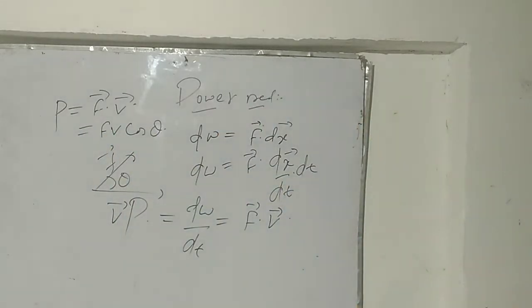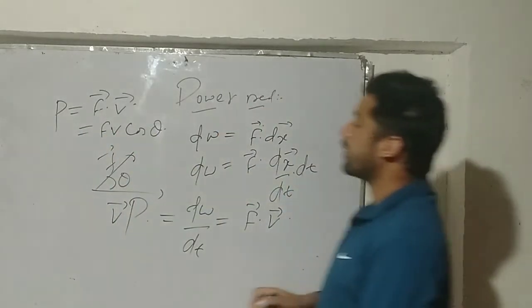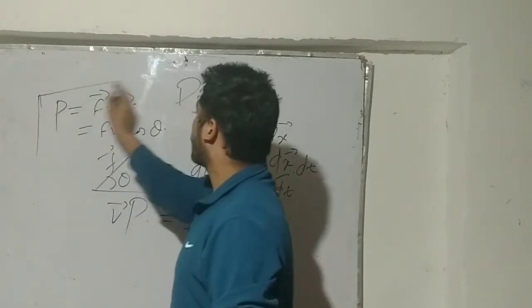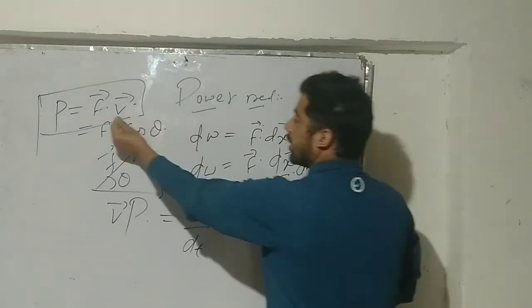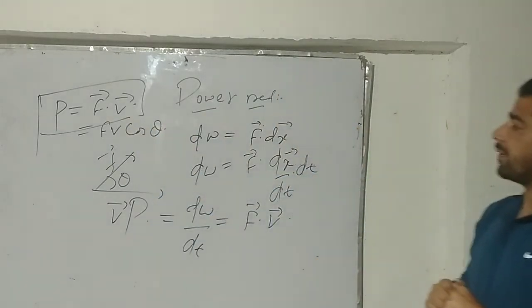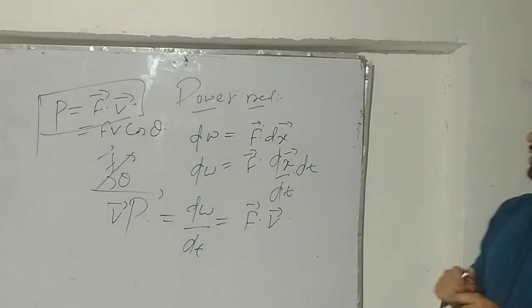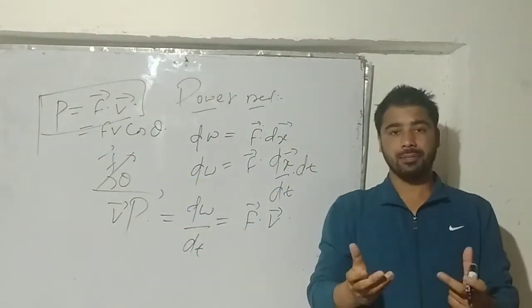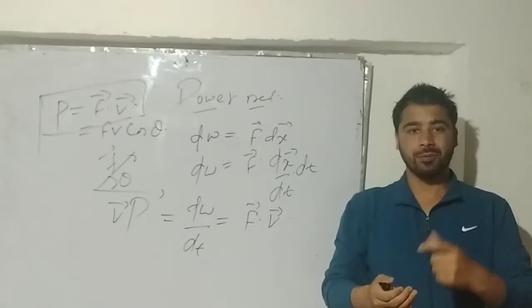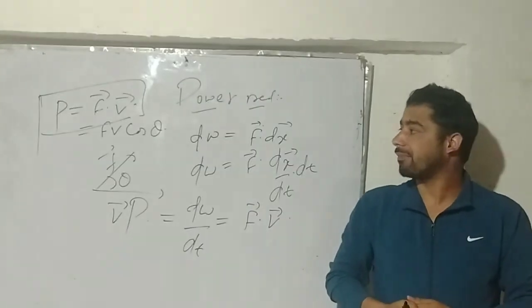Power is a scalar parameter, because the dot product is also known as the scalar product; when we solve the dot product, we get a scalar at the end.